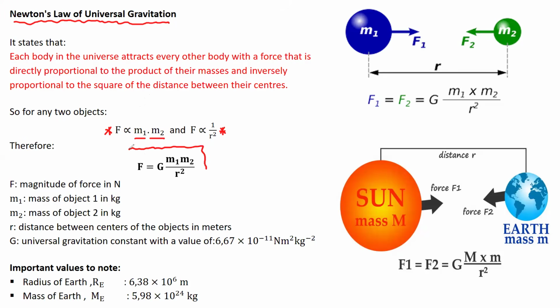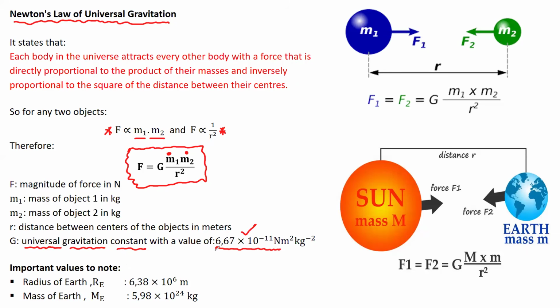Ultimately, this definition is given in a formula which is available in your formula sheet as F = G M1 M2 over R squared, where M1 is the mass of object 1, M2 is the mass of the second object, and R is the distance between their centers. And I did put down what the letter G stands for. It's the universal gravitation constant, or gravitational constant, whose value is this.